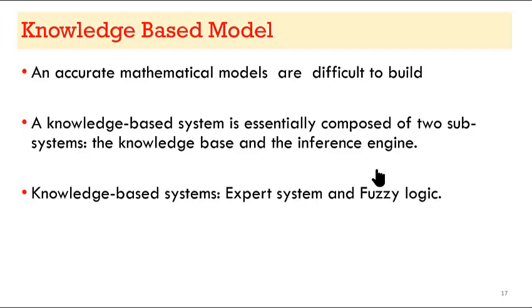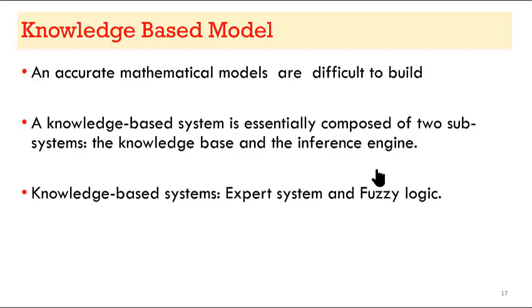Two kinds of models are widely used under the knowledge-based model: one is called the expert system and another is fuzzy logic. These are very simple systems that use if-then rules, and you can implement them in real time or in practical cases for degradation modeling. This is widely used in the literature as well as in practical industry.